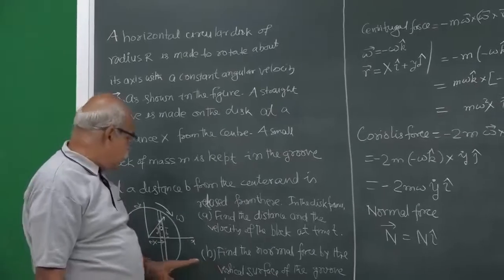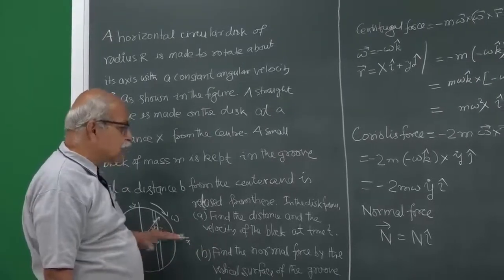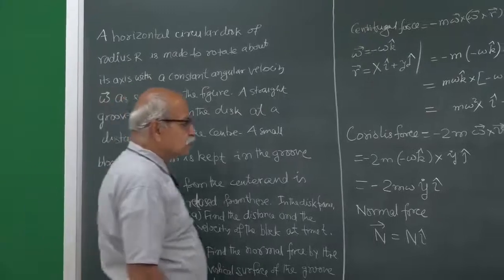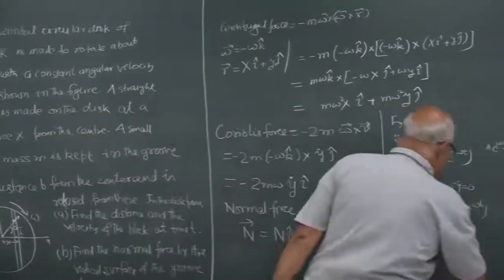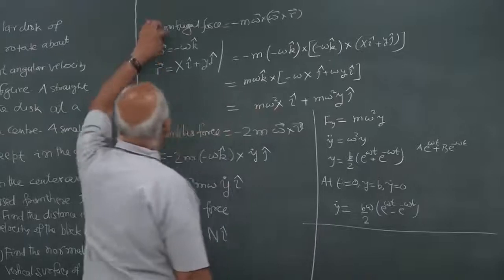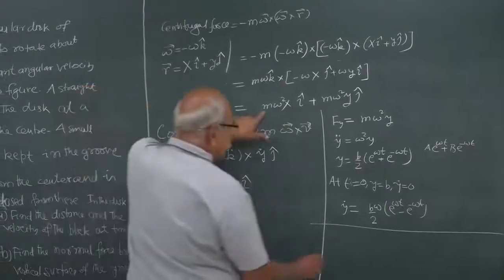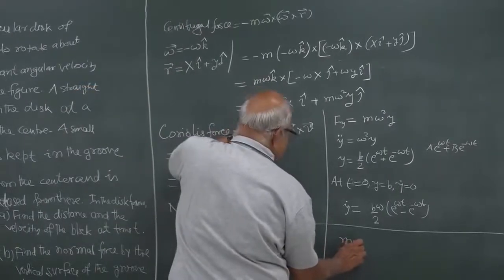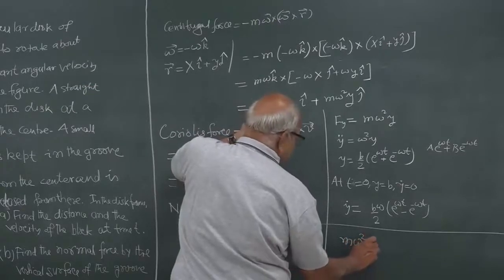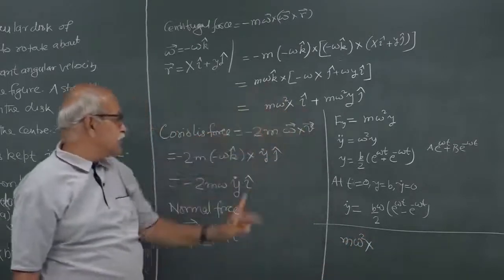In the x direction the total force has to be 0. So, let us collect all the x components. From the centrifugal force I have m times omega square x, capital X, that is in the i cap direction.